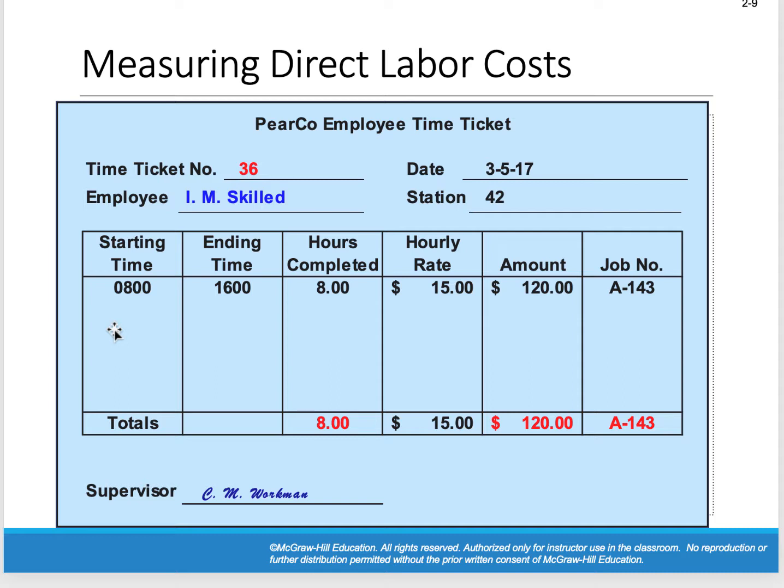Then we have to track our direct labor. Well, we do that very easily. How do we do that? With time tickets. My favorite example, if you like cartoons or remember cartoons, is the Flintstones, right?